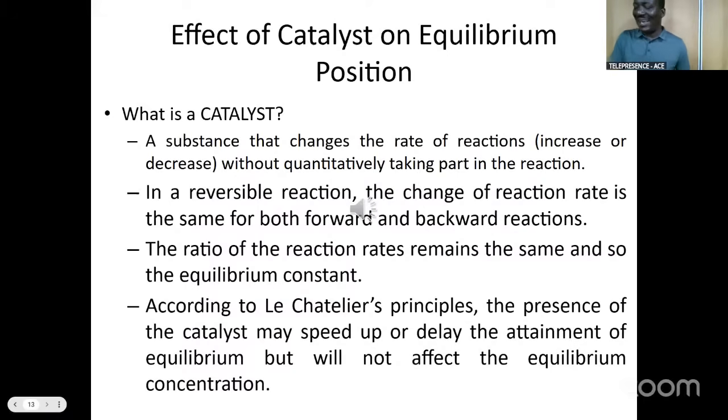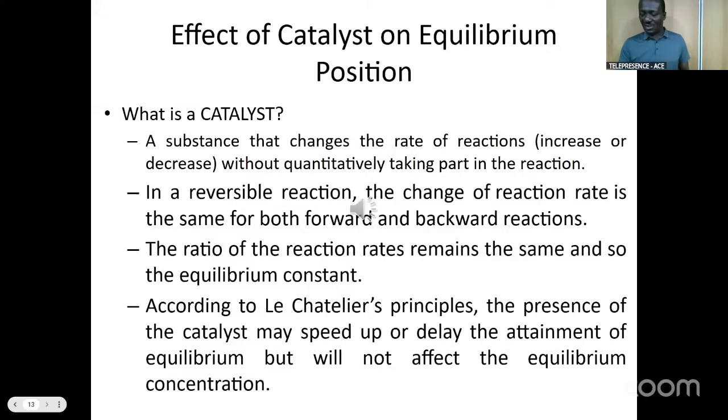Now, when delta N is negative, it means that you have more reactants than products. So an increase in pressure will increase the reactant more than the product, because pressure is proportional to the number of moles. Therefore, an increase in pressure will shift equilibrium to the right, favoring product formation for a system where delta N is negative.